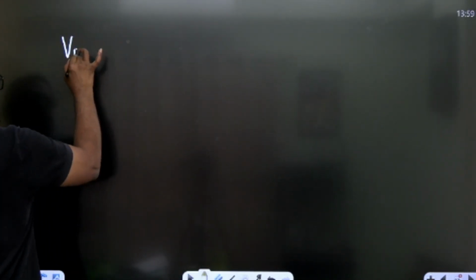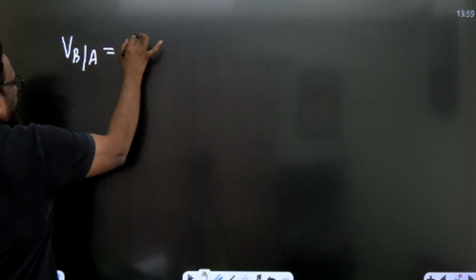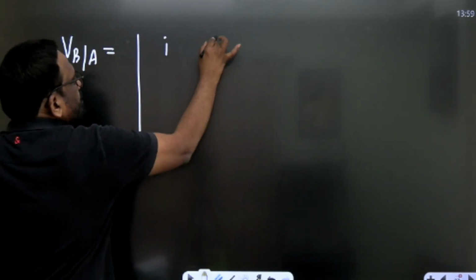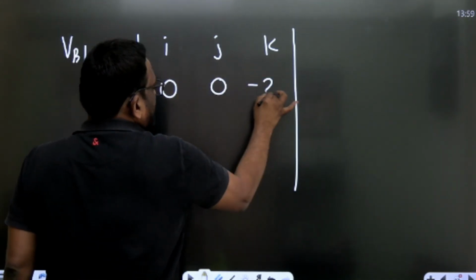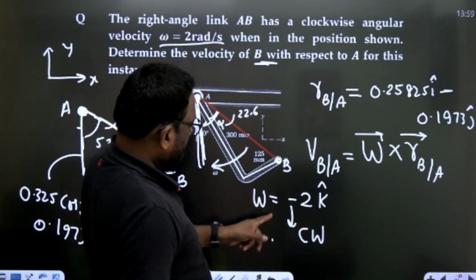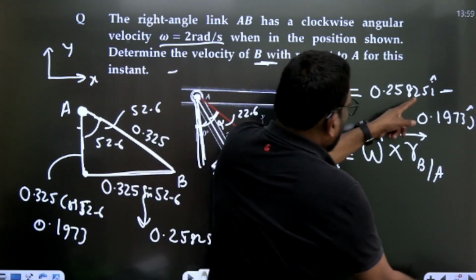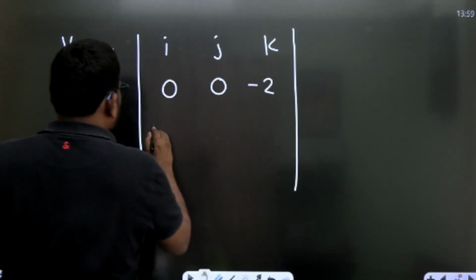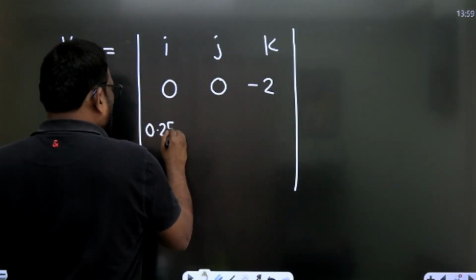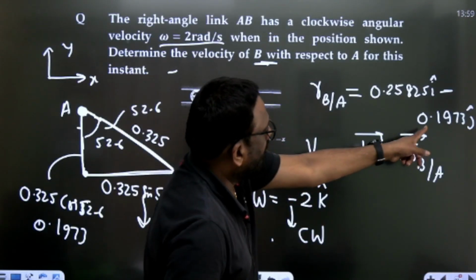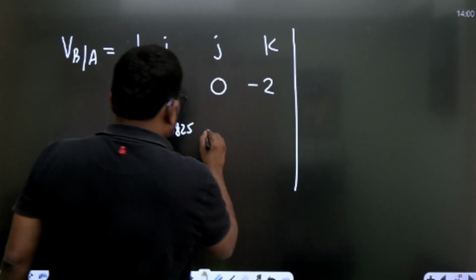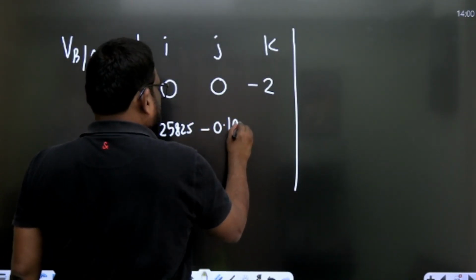So velocity of B with respect to A is equal to i j k, omega is 0 0 minus 2. एक बार चेक करते हैं, 0 0 minus 2 and 0.25825, minus 0.1973.